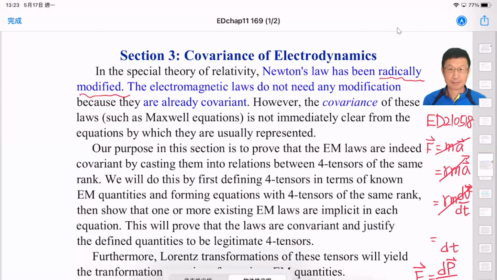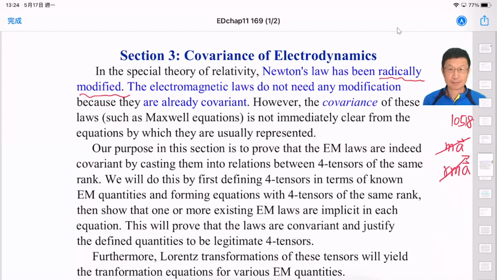I will show you that electrodynamics does not change that much. Electrodynamics is already correct; the laws do not need any modification.